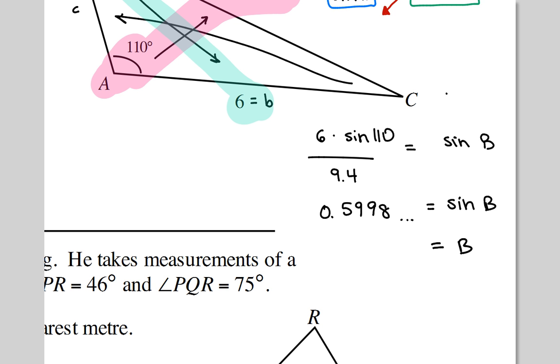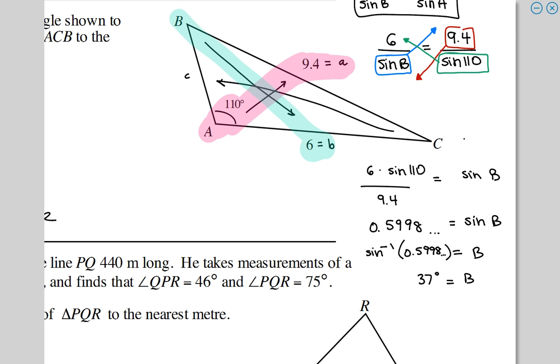Inverse function sine of both sides isolates for B. So second function sine of that answer, and I'm getting, rounding to the nearest degree, 37. So we can put 37 up in the spot for B.